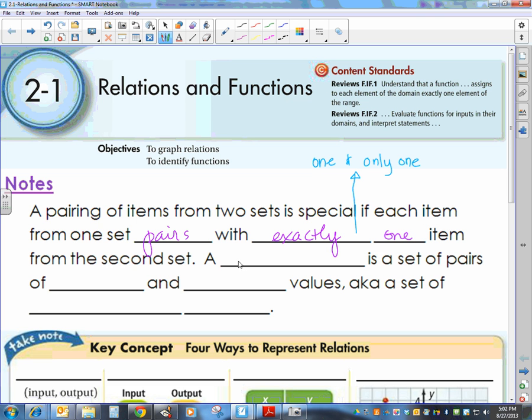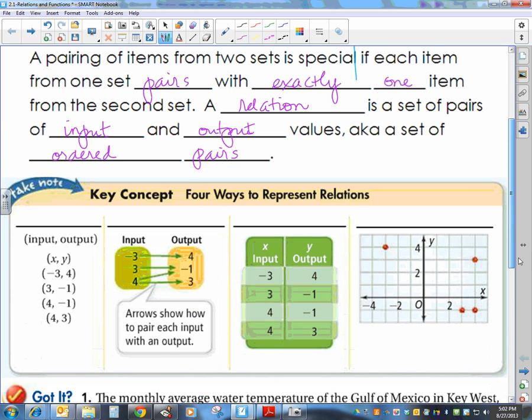Okay? Now, a relation is a set of pairs of input and output values, also known as a set of ordered pairs. Now, there are four ways to represent relations.